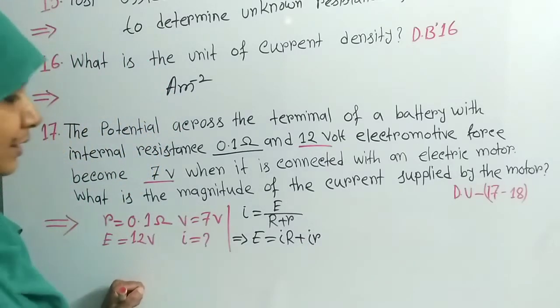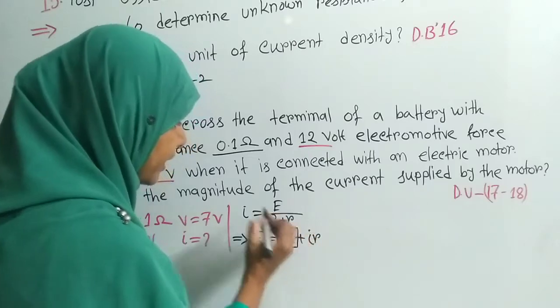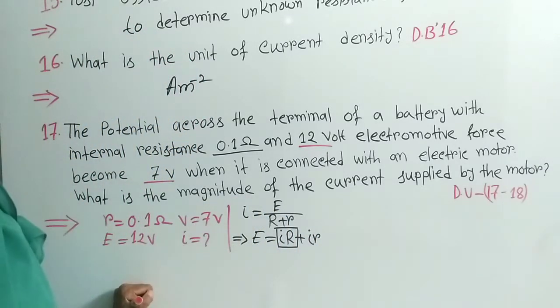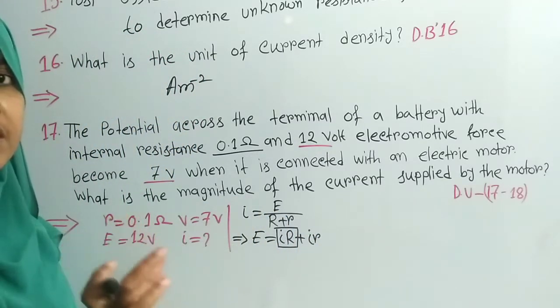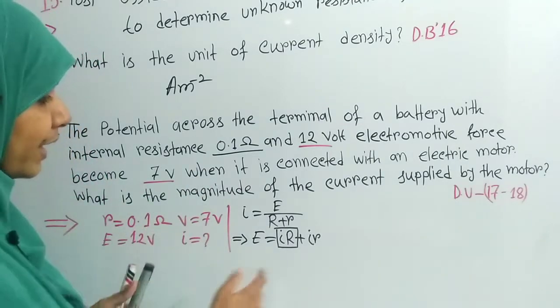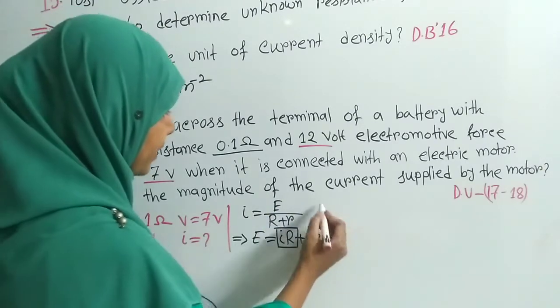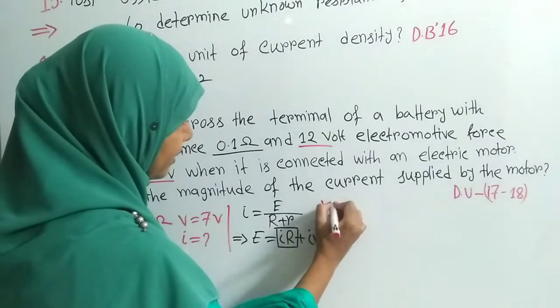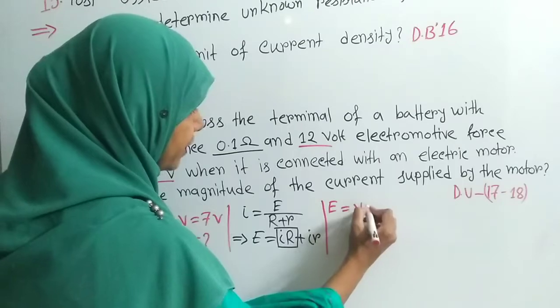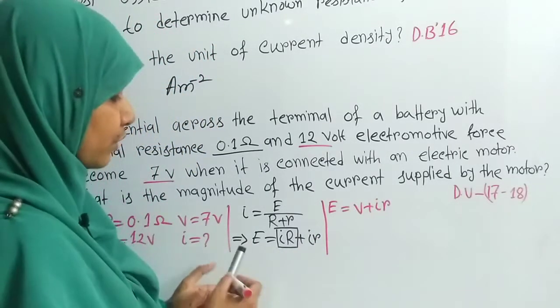Now students, this IR, that is the multiplication of current and external resistance, is known as the potential difference of a wire. So instead of IR we can use V. So our next line will be E is equal to V plus Ir. So now we can easily calculate I.